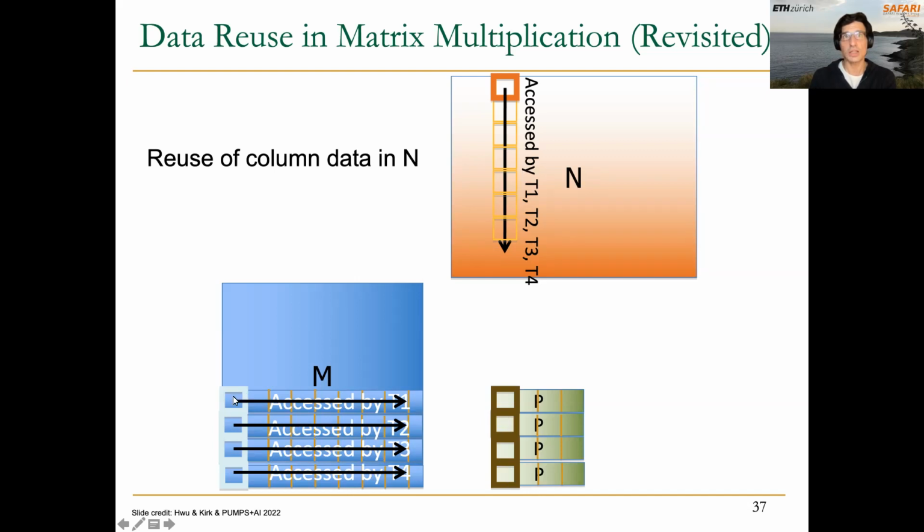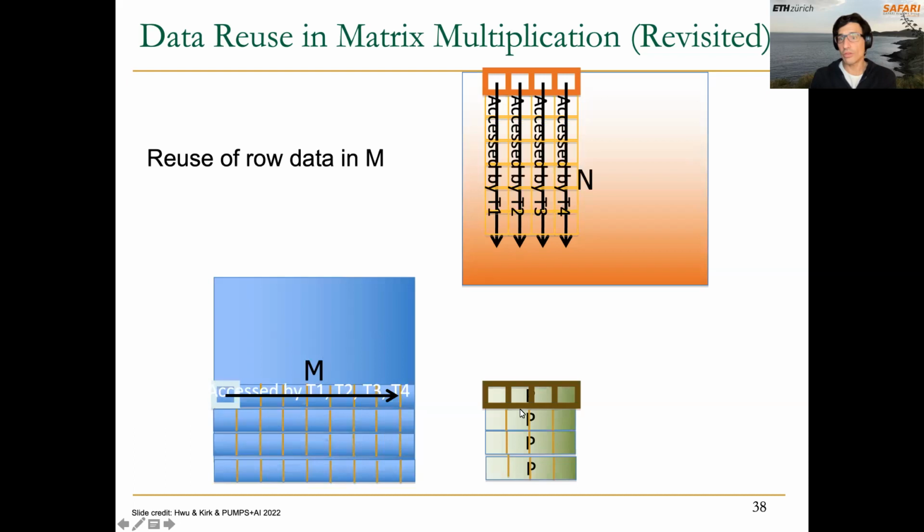So what we see is that this row of matrix M is entirely accessed by T1. This row is entirely accessed by T2. But at the same time, all these elements of this column are accessed by the four threads, T1, T2, T3, and T4. They all need these elements of this column in order to calculate the assigned elements of matrix P. So as you see, we have reuse of column data in N.